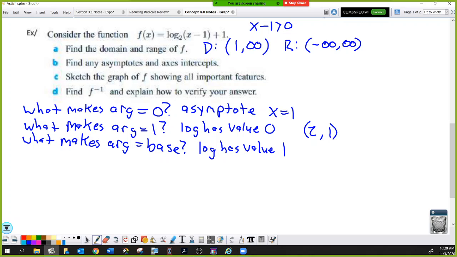So what x would we need to plug in for our argument to be the same as our base? Our base is 2, so what x do I need to plug in? 3. So if I plug in 3, what I'm getting here is a value of 1 plus 1.